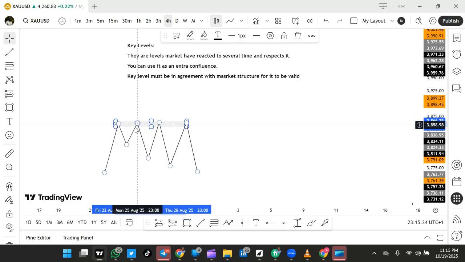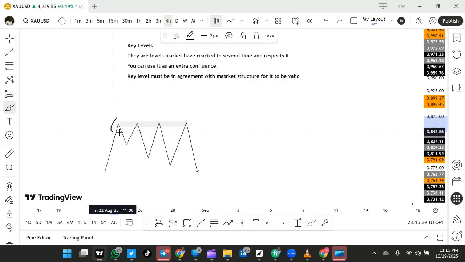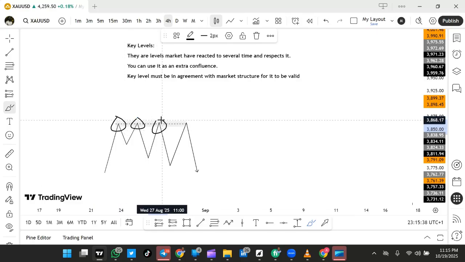Why is it a key level? It's a key level because the market came, bounced, came again, bounced, meaning the market is respecting this level. Came again, bounced, came again and bounced.